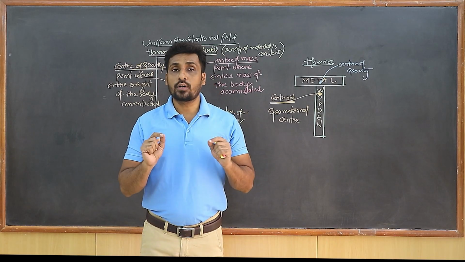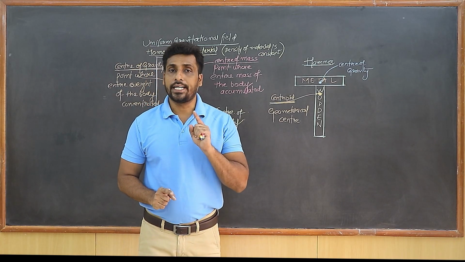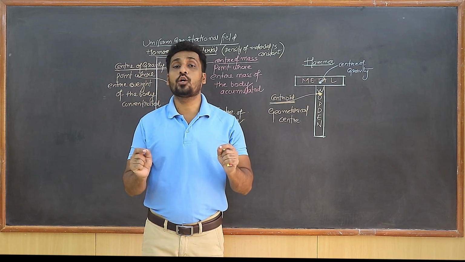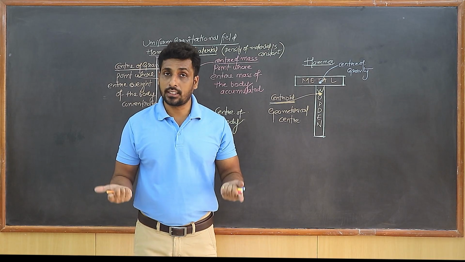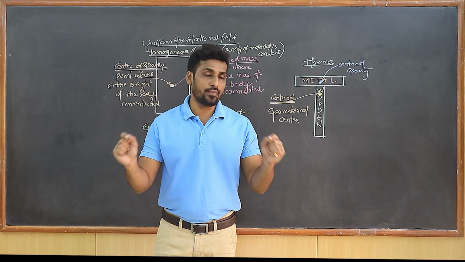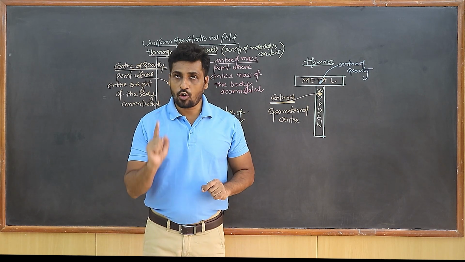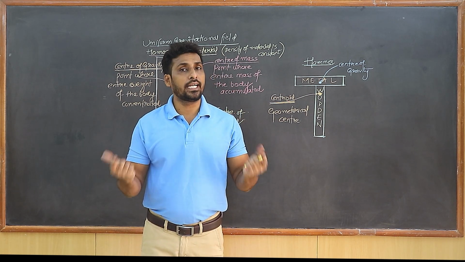So if these two conditions are satisfied, then you can definitely say that center of mass, the center of gravity and centroid will be coincident points. They are all one and the same points. Otherwise, these points are all different points from each other. So students, that was all the concept of center of gravity, centroid and center of mass.